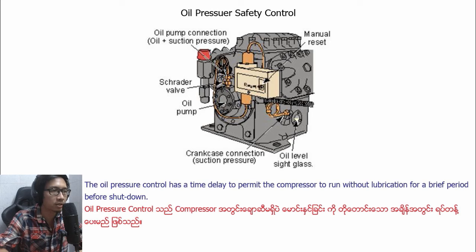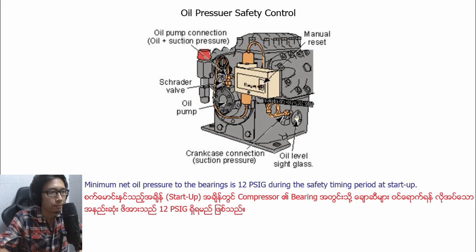The oil pressure control has a time delay to permit the compressor to run without lubrication for a brief period before shutdown. Minimum net oil pressure to the bearings is 12 pounds per square inch gauge (psig) during the safety timing period at startup.